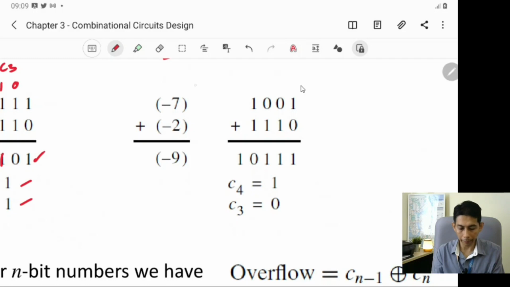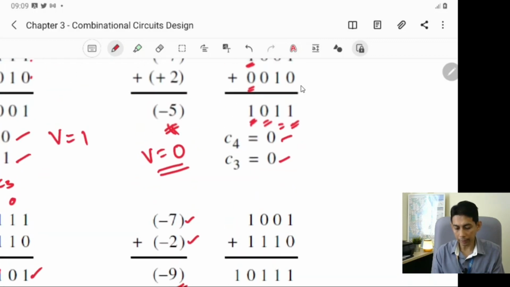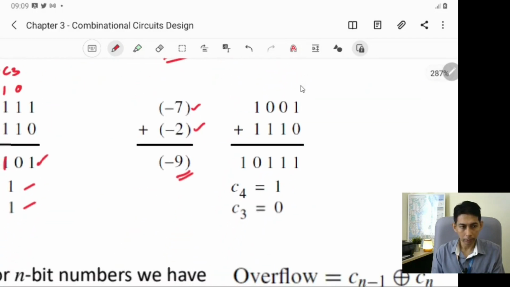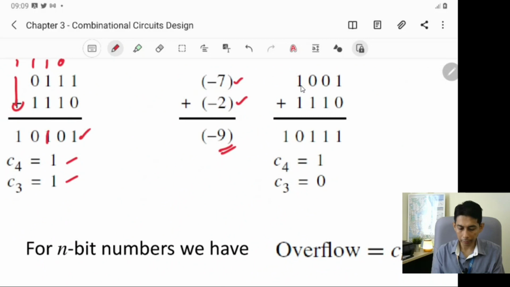Now the last case. Both numbers are negative now, minus 7 and minus 2. The result is minus 9, which is clearly more than minus 8. So for this part, V should be equal to 1, meaning that overflow occurs.